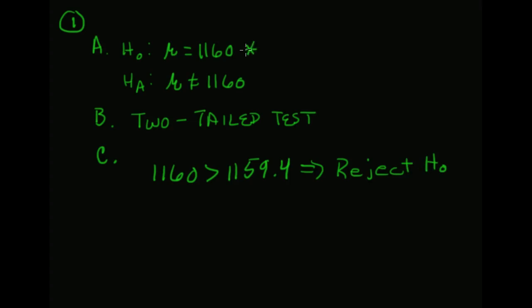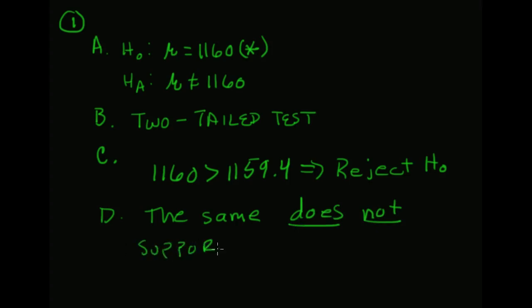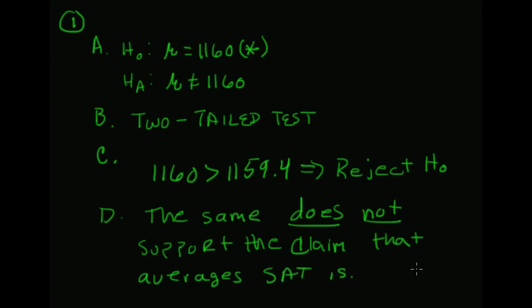Now keep in mind, in this example, the null hypothesis is the claim. So we would say that the sample does not support the claim that the average SAT is 1160, because the null hypothesis, which is the claim that the average is 1160, has been rejected.